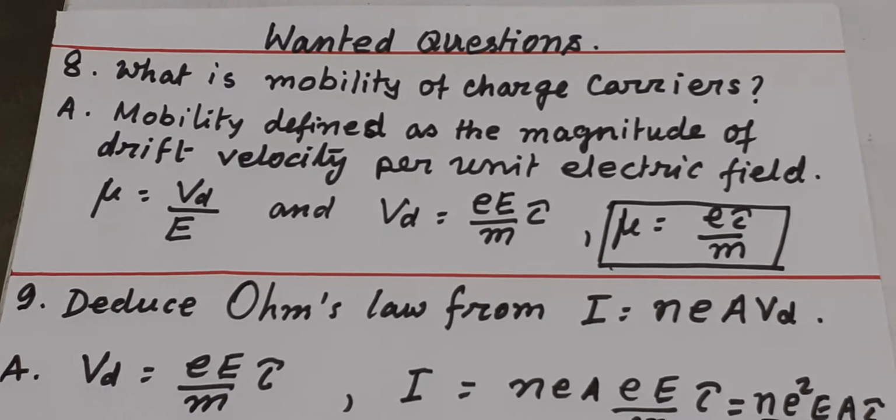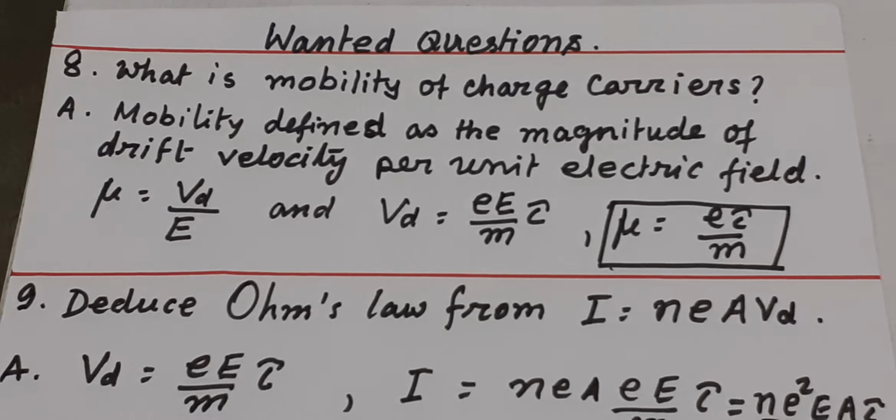After substitution, mu will be small e tau by m. Expression for mobility will be small e times relaxation time by small m, mass of electron.